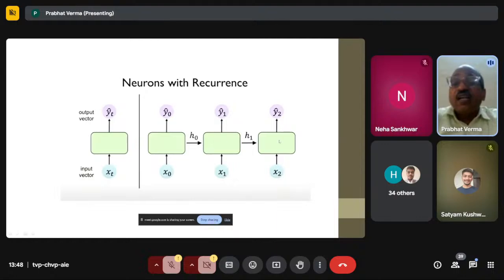In the same way, we are transferring h0, h1, h2 to the next time steps for the neuron. This way we have to show the dependency.